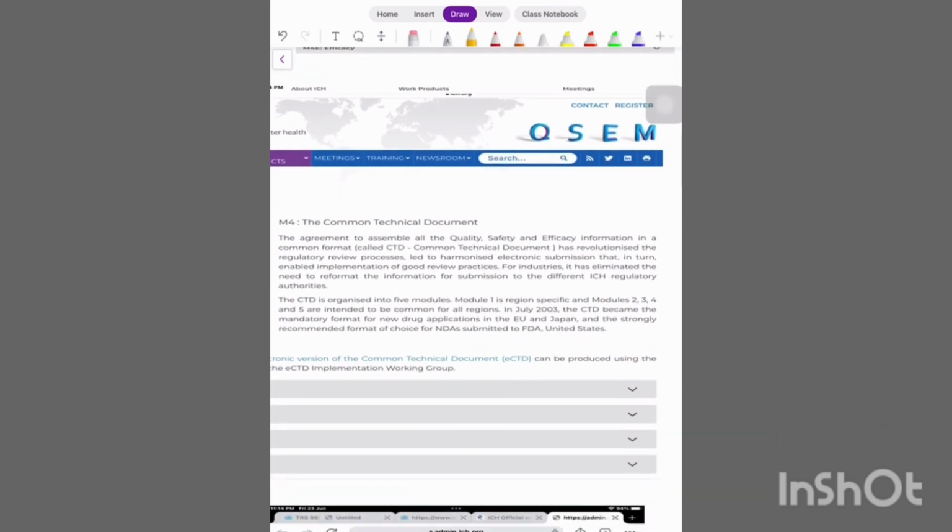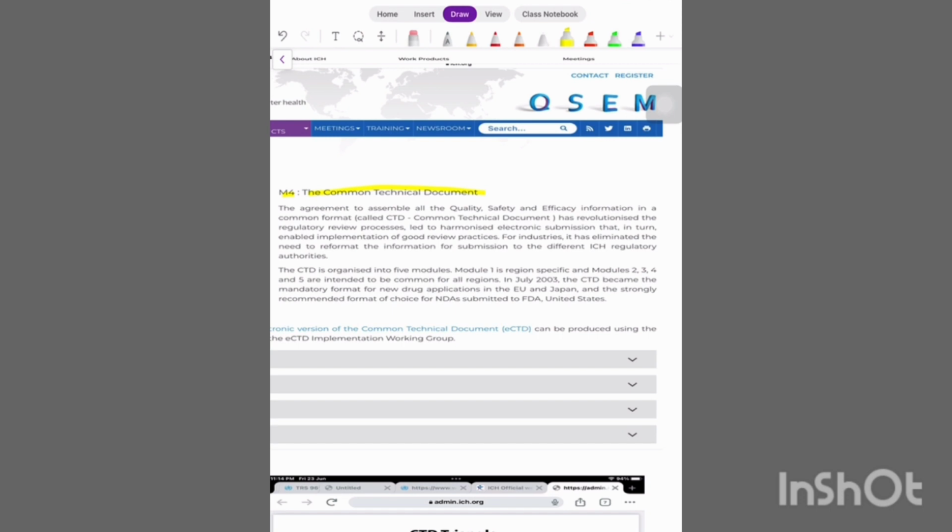So we'll have a general reading of the ICH M4 guideline. What does the M4 guideline say about the CTD? Before reading further, go through the keywords for yourself, because this is an international guideline and whatever is written here is read by everyone across the globe, and before writing it they must have researched a lot.